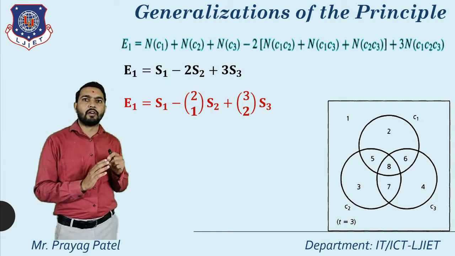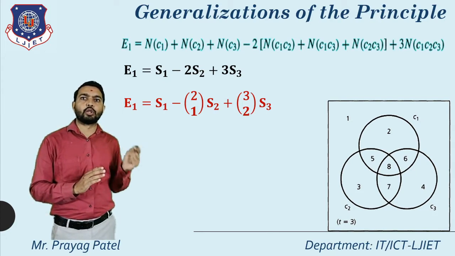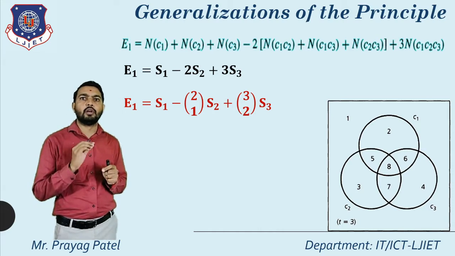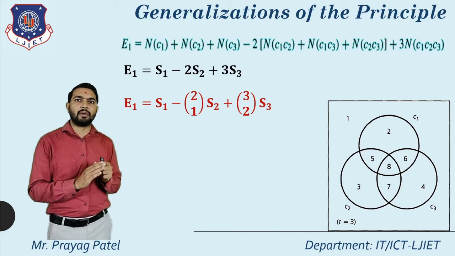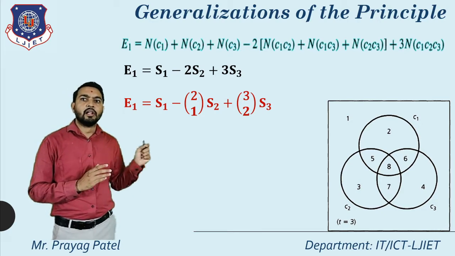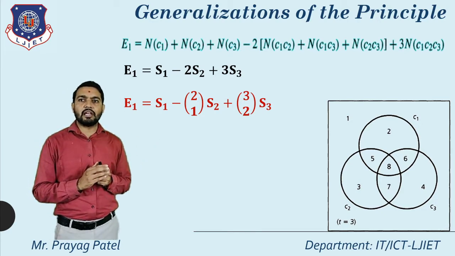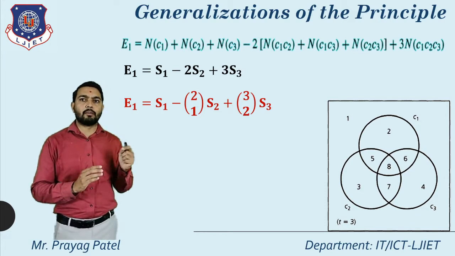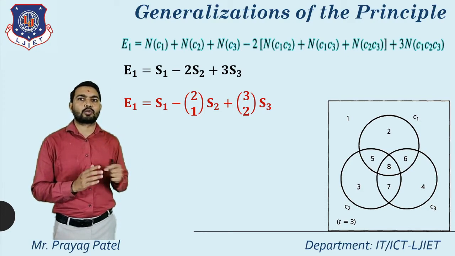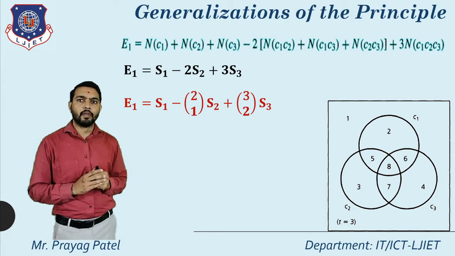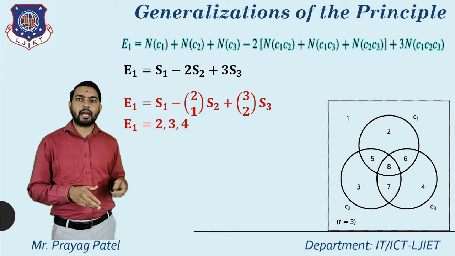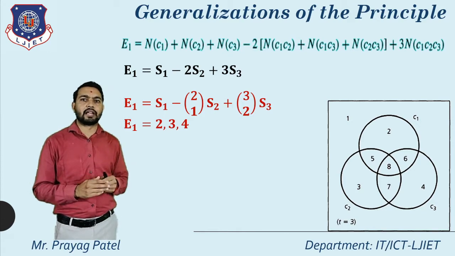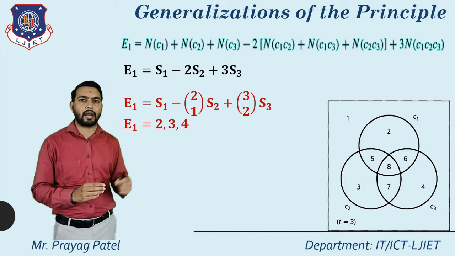S2 means N(C1C2), N(C1C3) and N(C2C3). And S3 means all three sets, N(C1C2C3). Also we can write this equation as E1 equals S1 minus 2 S2 plus 3 S3, and according to this we can find the result as only elements 2, 3 and 4 according to this figure.